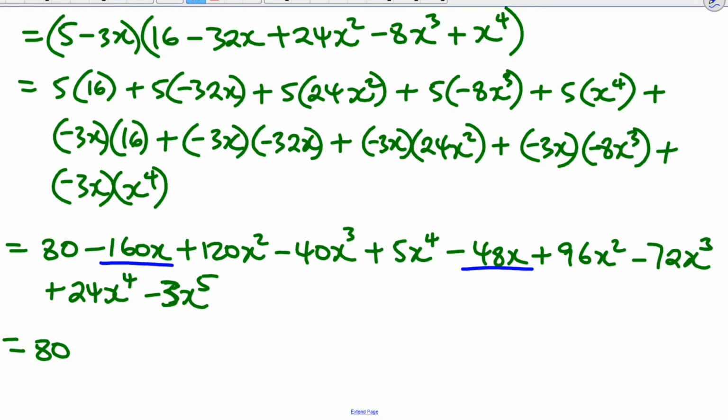If we group those together, we'll end up with minus 208x. For the x squared terms, we have that one and that one. If we group them together, we shall end up with 216.